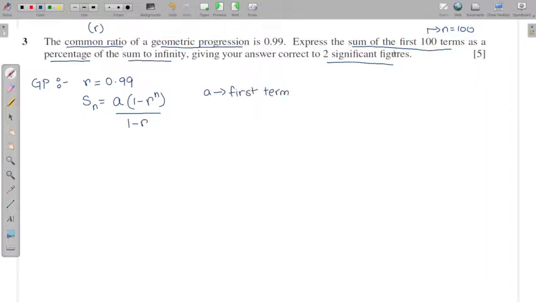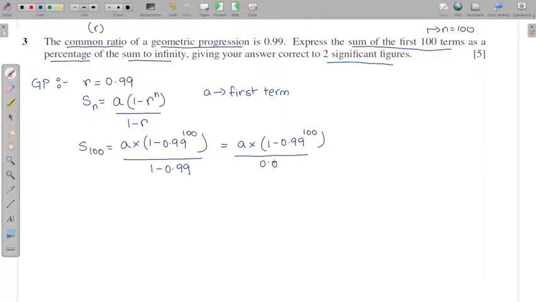So here, since we have to use the sum of the first 100 terms, n will be equal to 100 and the formula will be a into 1 minus the value of r that has been given to us, which is 0.99 to the power of 100 divided by 1 minus 0.99. So 1 minus 0.99 is 0.01. So this will be a into 1 minus 0.99 to the power of 100 by 0.01.